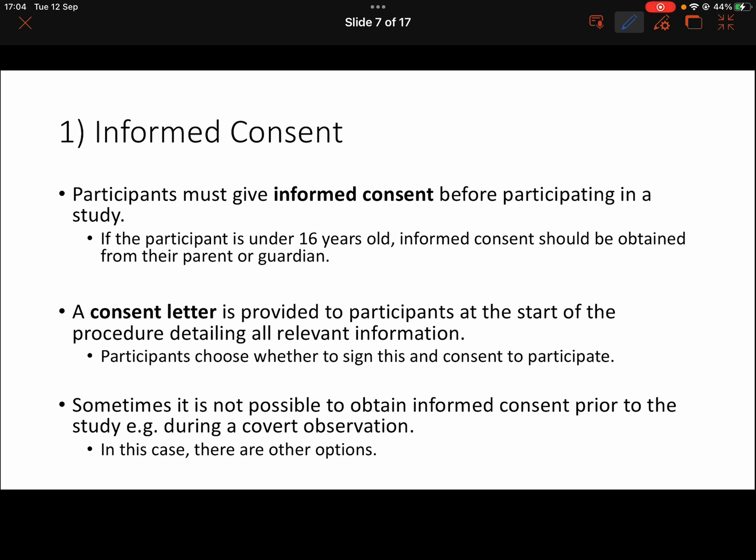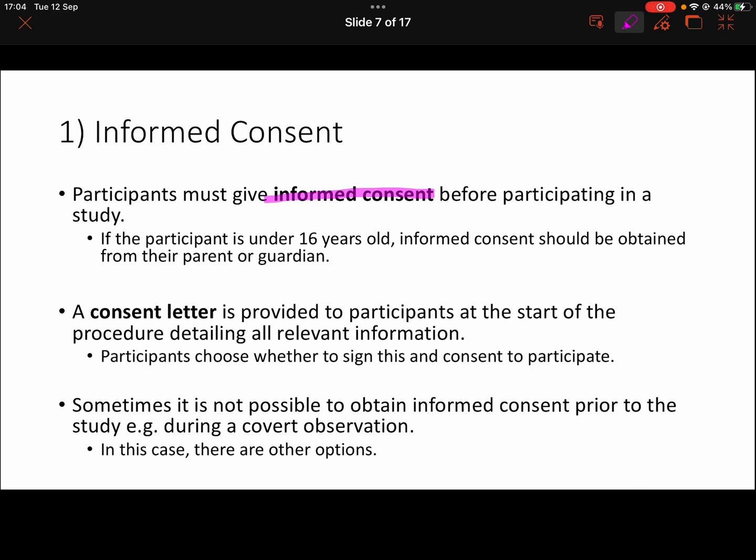We should make sure that they are consenting voluntarily, so that they're not being coerced into taking part, that there's no consequences for not doing so, and so on. So, participants should be giving informed consent before taking part in a study.